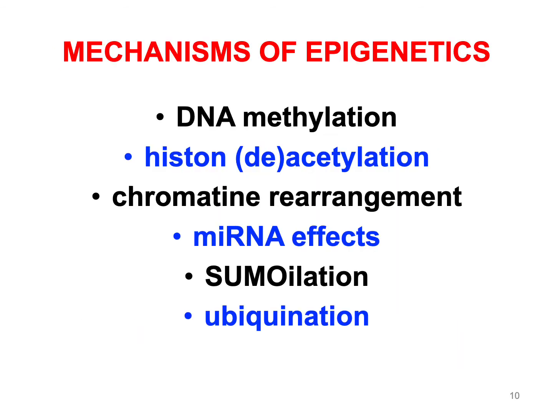Okay, examples for the epigenetic changes: it may be DNA methylation or demethylation, histone acetylation or deacetylation, the rearrangement of the chromatin before the cell division, the microRNA effects, the so-called sumoylation and ubiquitination, and one can continue the series, but it's enough for today.